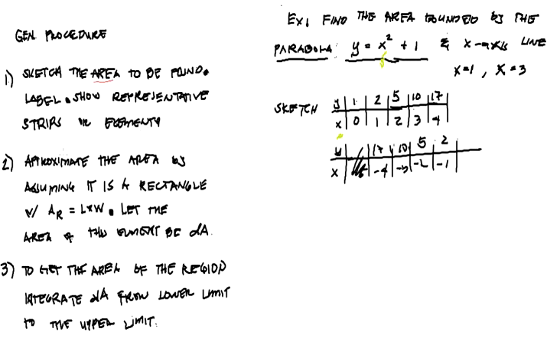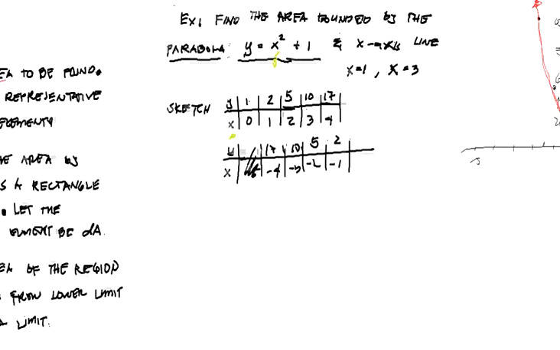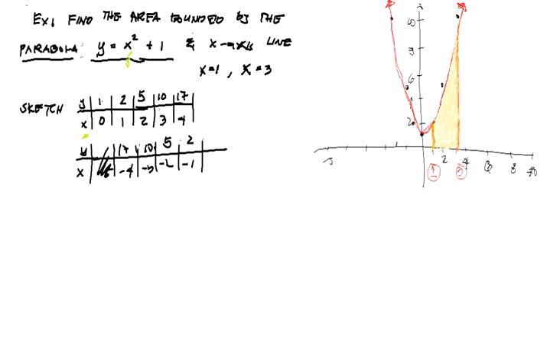Show representative strips or elements. So we need to show the representative strips. Say this is our representative strip, represented by the rectangle. So this is our strip.